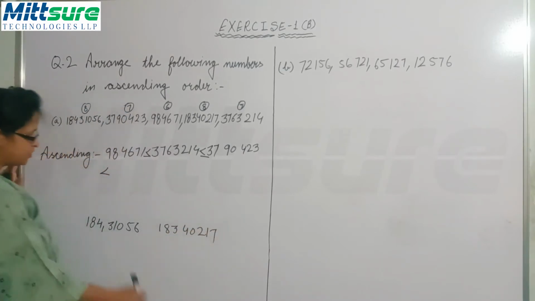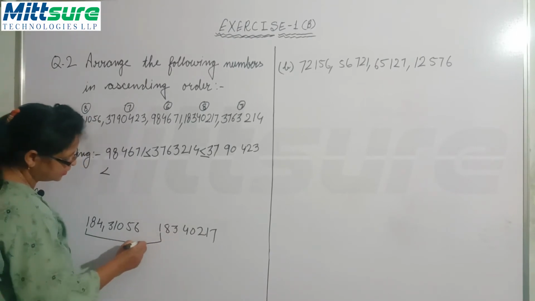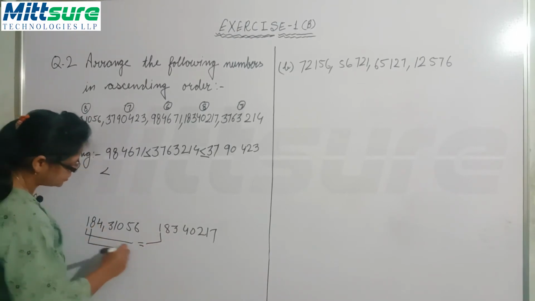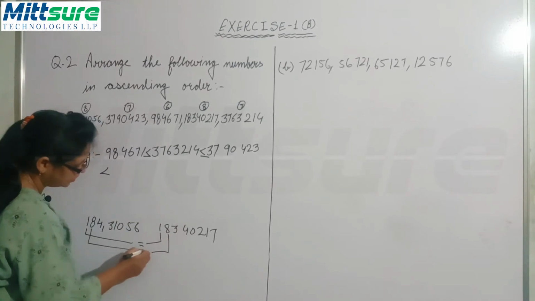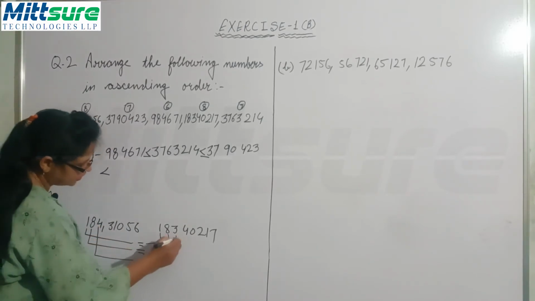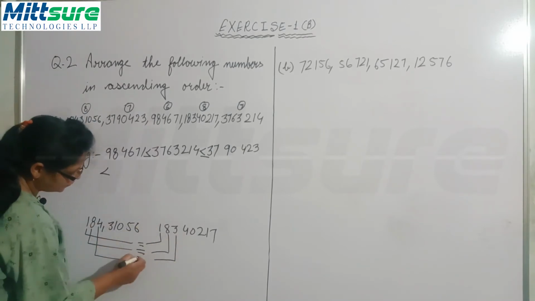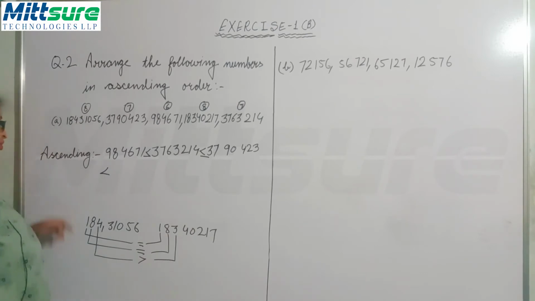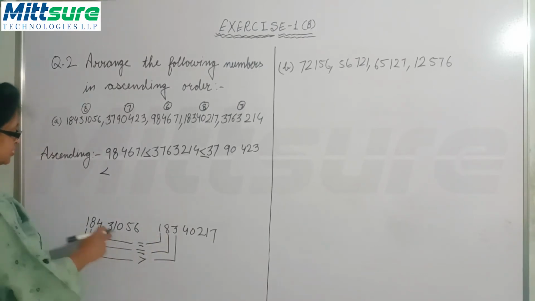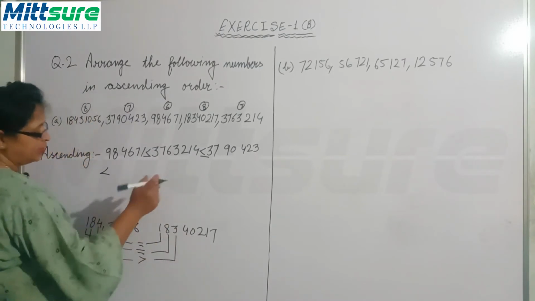First we have to compare the first left digit, that is equal, the next digit is equal, that is 8 and 8, the next digit from the left is this 3 and this 4. So we know the 4 is greater than 3.